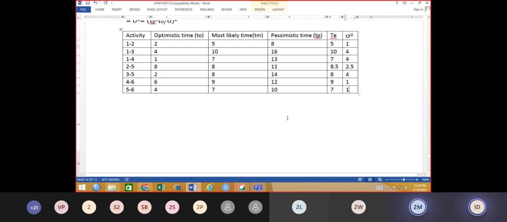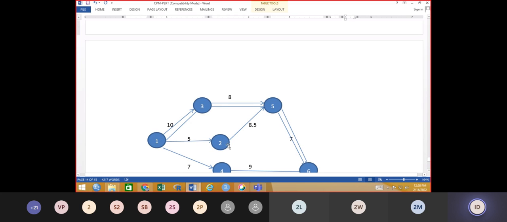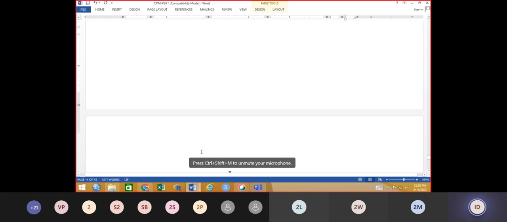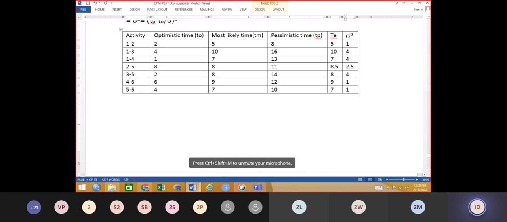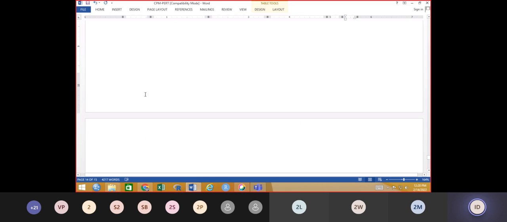Okay, now draw the diagram. 1 to 2, 1 to 3, 1 to 4 activities. From 2, 2 to 5. From 3, 3 to 5. From 4, 4 to 6. Right? See the diagram: 1 to 2, 1 to 3, 1 to 4. From 2 and 3 to 5.